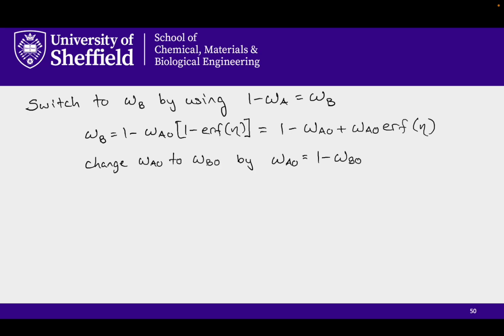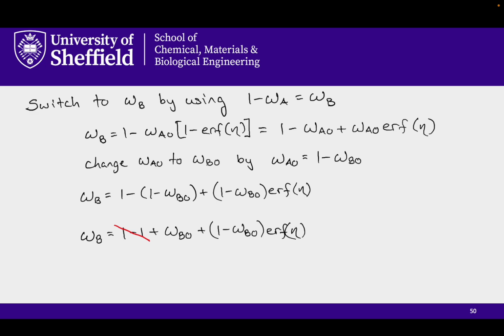So we substitute in for omega A naught in order to get it in terms of all the B mass fractions. When we do that, we have a little bit of algebra. We'll multiply through by the negative sign on the left-hand side, and we see that two of the 1's cancel, and we're left with an expression that actually does collapse onto the same form as we determined for the beer in the course notes.